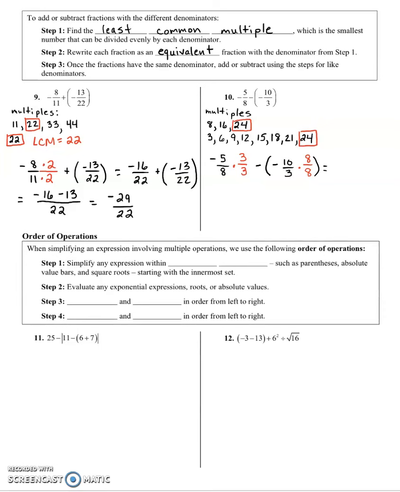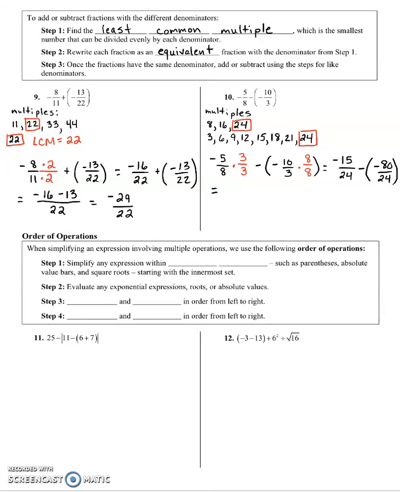So that gives us negative 5 times 3 is negative 15 over 24 minus negative 10 times 8 is negative 80 over 24.